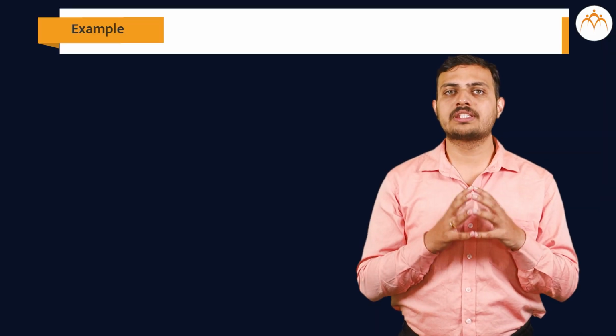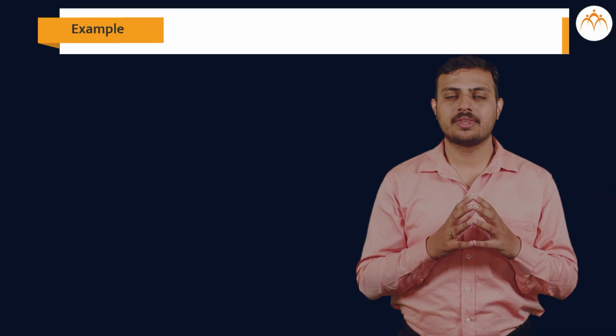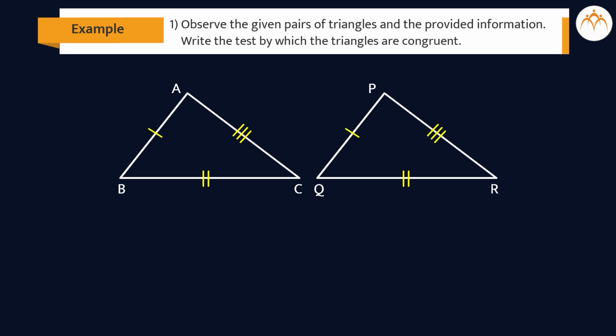Now let's solve some examples based on these. Observe the given pairs of triangles and provided information. Write the test by which the triangles are congruent. Solution. Observe the figures carefully. In this, AB is congruent to PQ, BC is congruent to QR, and AC is congruent to PR. Therefore, triangle ABC is congruent to triangle PQR by the SSS test.